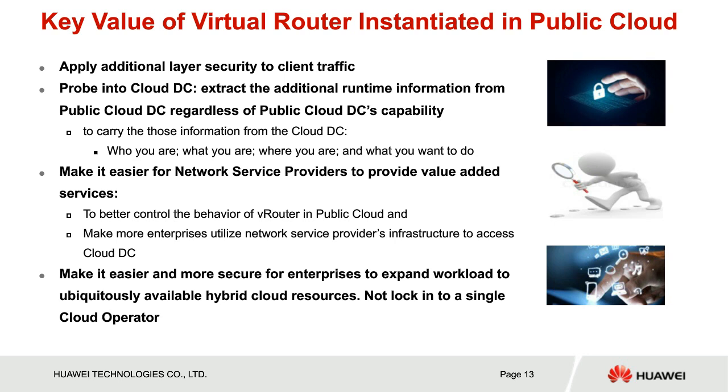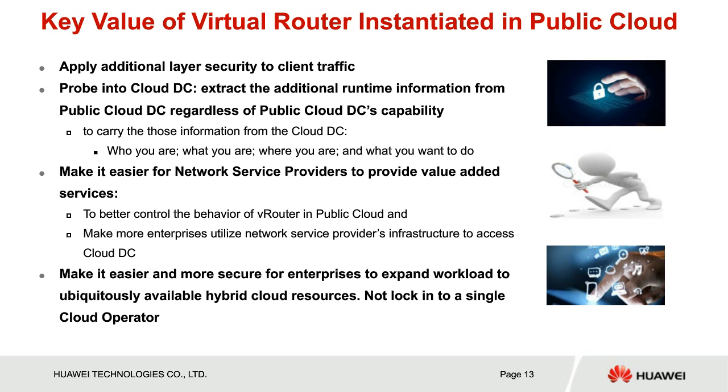The subnet is different. So having a virtual router instantiated, not only can you bring in additional information, monitoring the performance of your workload and managing the traffic among each other, you can also bring out more metadata. For example, some of the enterprises we work with have maybe hundreds of accounts with one cloud provider.